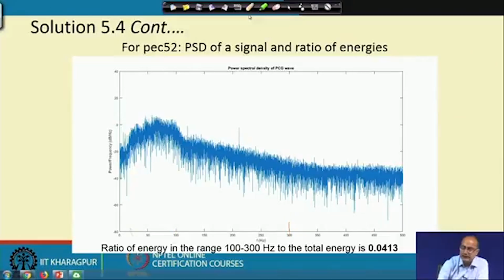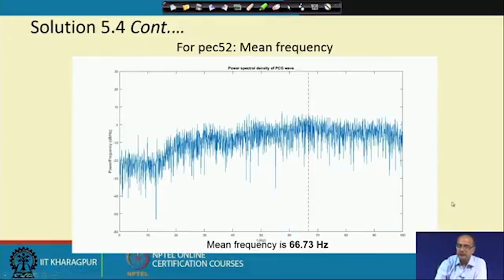We have 0.0413, that means 4.13% energy is there. Okay. And now, if we look at the mean frequency, it is lower than PEC 33, it is 66.73, but it is a little more than that of PEC 1.